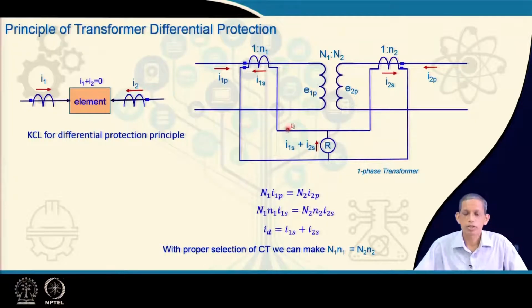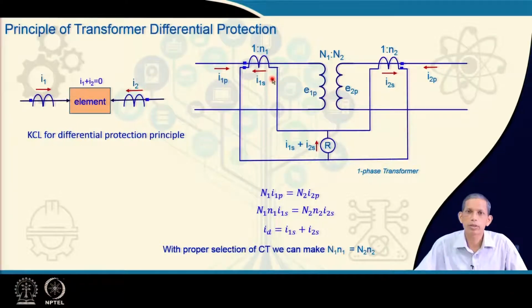Now come to a single phase transformer here, just for clarity on how we will proceed for the differential protection. We have CT on the primary side and CT on the secondary side, and the corresponding CT ratios are 1:n1 and 1:n2.